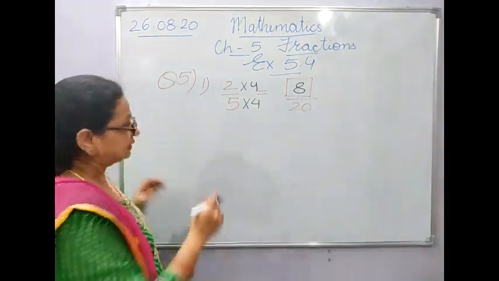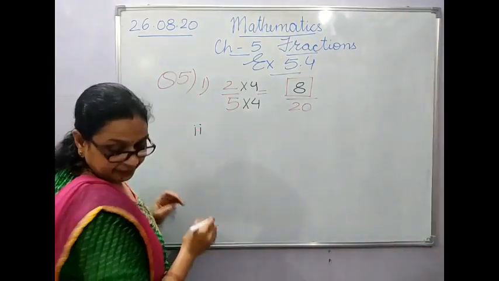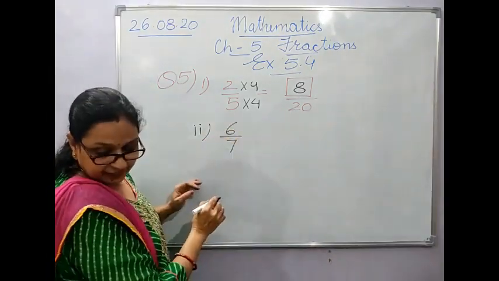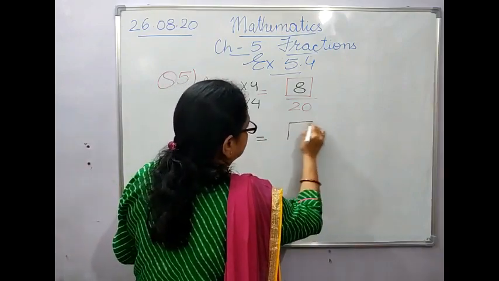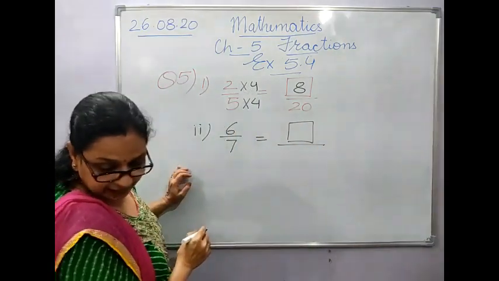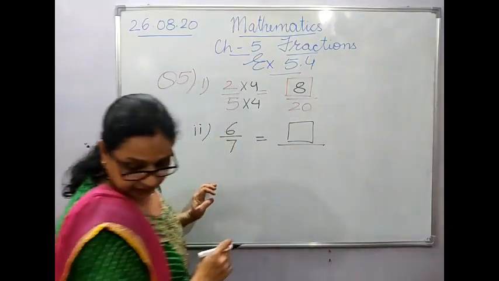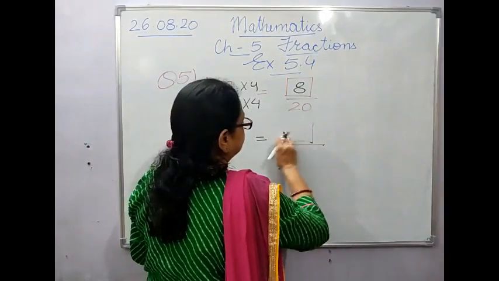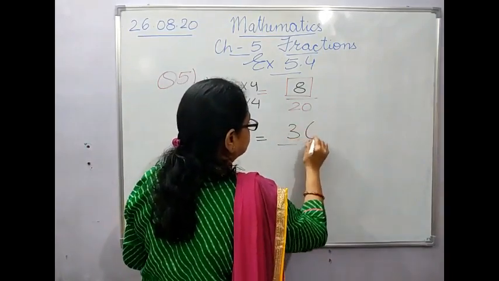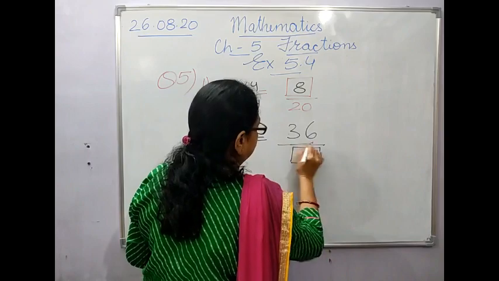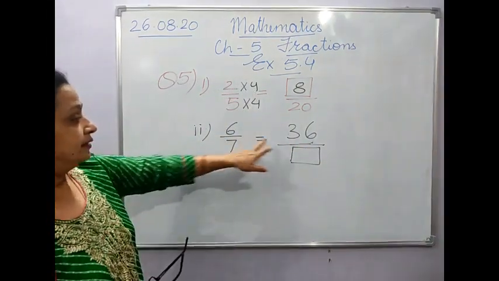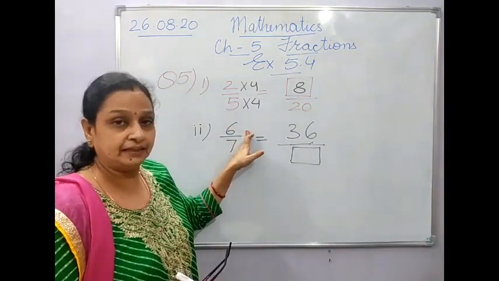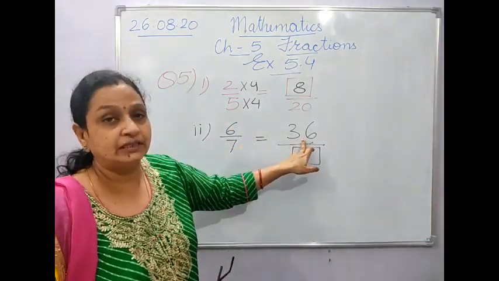I'll give another example. The second one I'll take 6 upon 7, and the denominator is 36. 36 is given, you have to find out the blank. Same way, this number is bigger than this, that means you have multiplied by something to get this answer.